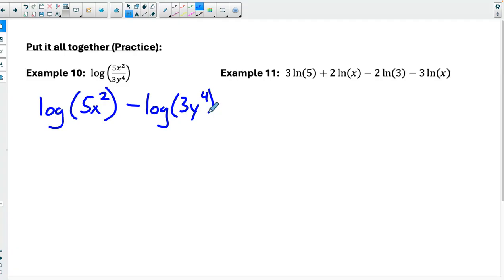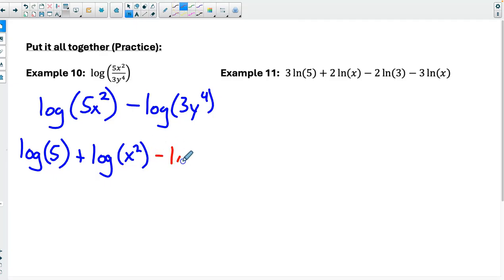Minus, minus? Okay. So this top part, I am going to use a plus sign, right? So I'm going to have log 5 plus log x squared. The bottom, I'm going to change the color on, is going to be minus log 3 minus log y to the 4th.